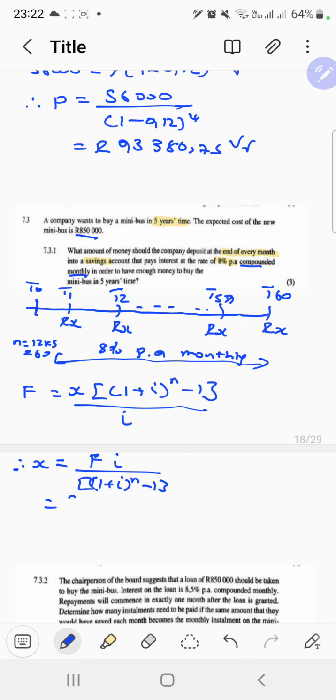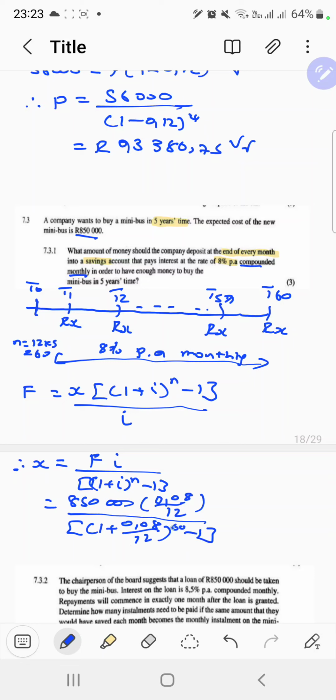We do the correct substitution. We have 850,000 into 0.08 over 12, all of that divided by 1 plus 0.08 divided by 12 to the exponent 60 minus 1.